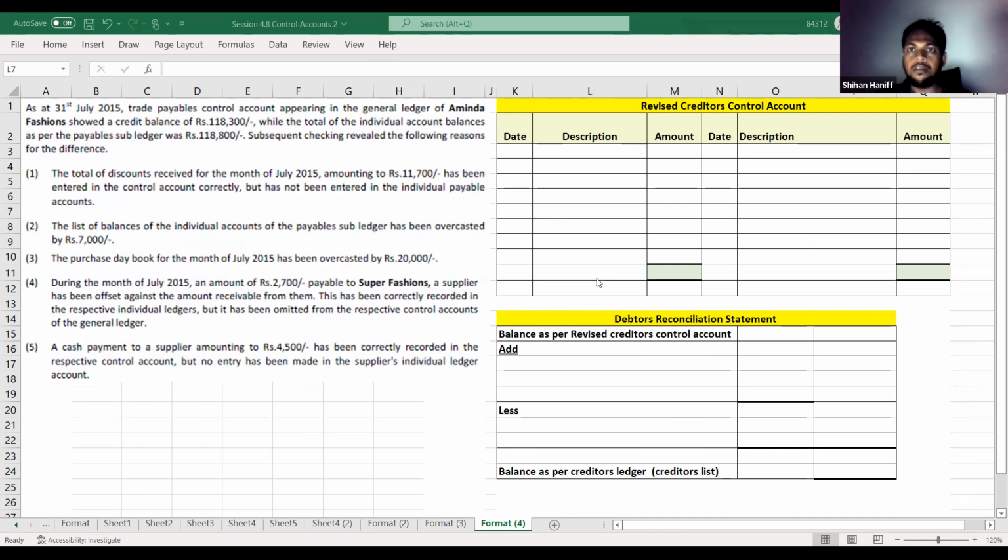Okay, so let's start. What is the balance of the adjusted or revised creditors control account?